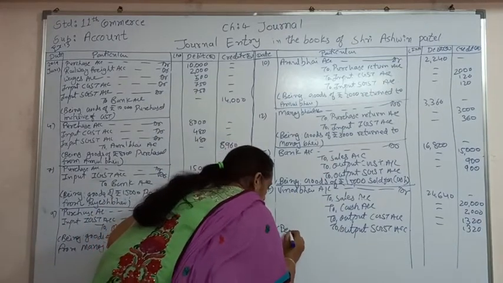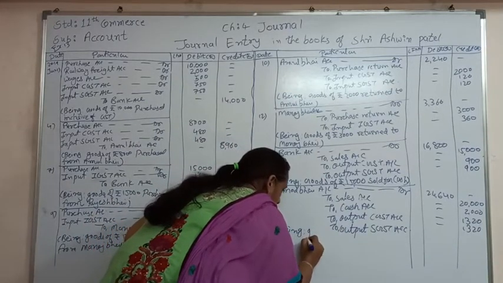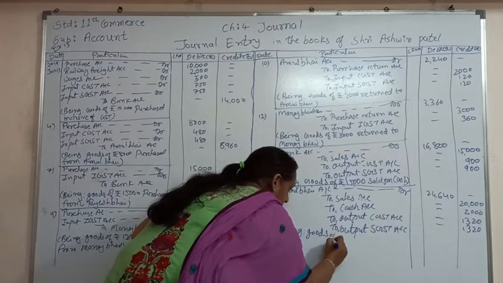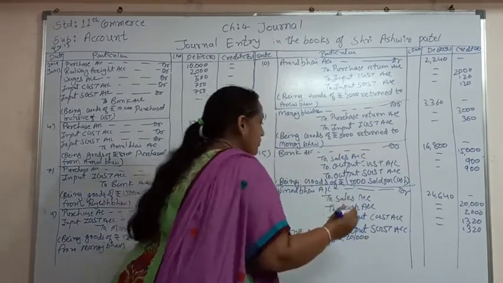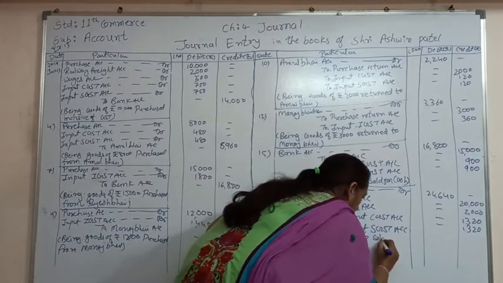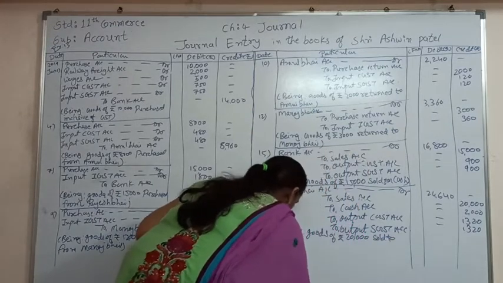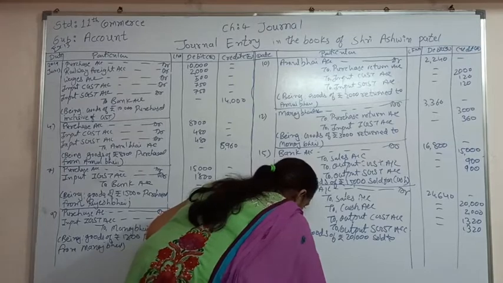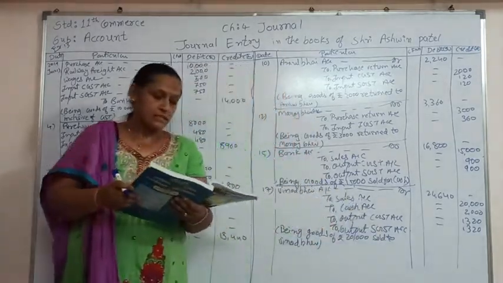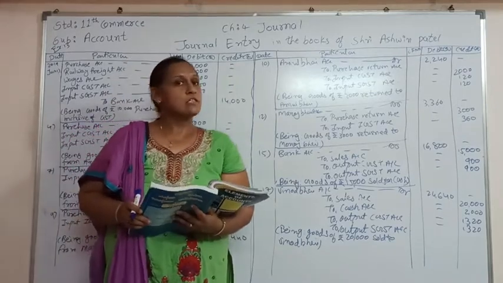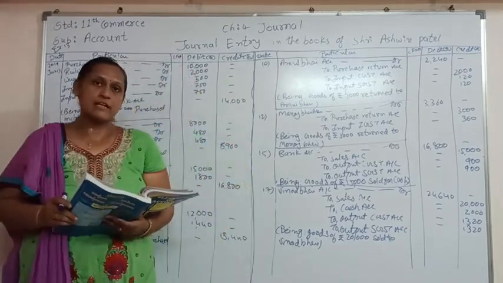Here being goods of rupees 20,000 sold to Vinod Bhai. So students, you may note this down. Then we are going to see some more transactions of this type.